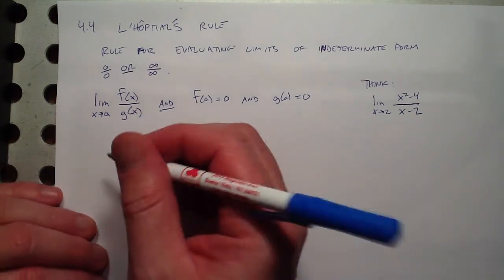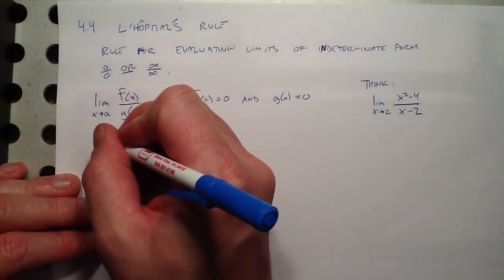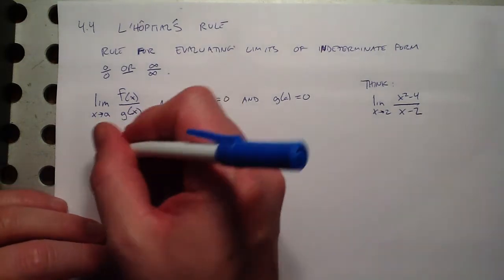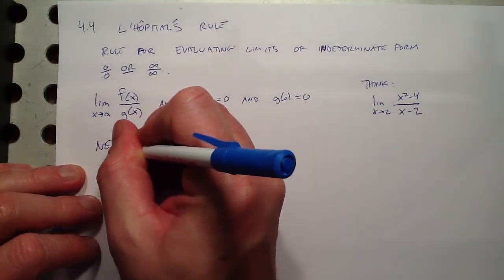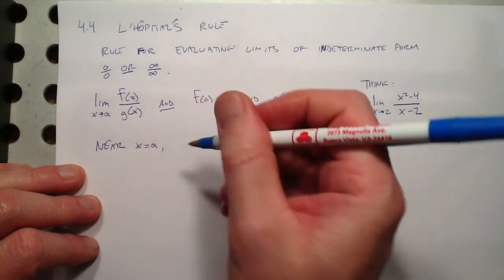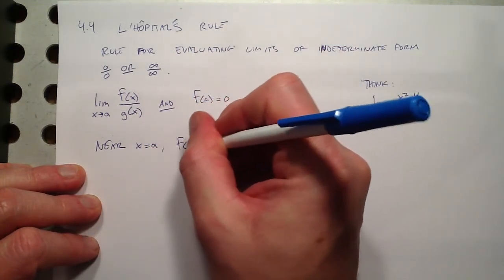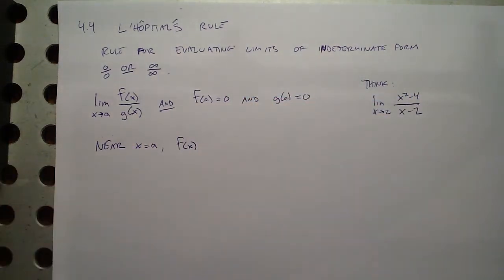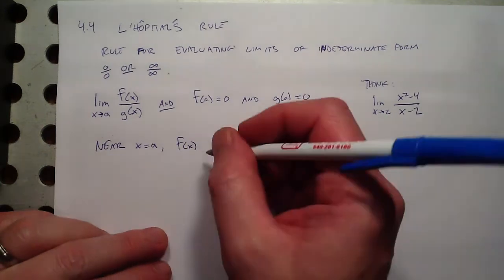Well, we're going to go back to our knowledge from, let's see, was it section 3.8, local linear approximations. Near x equals a, f of x can be approximated by a tangent line. Now, what is that tangent line?